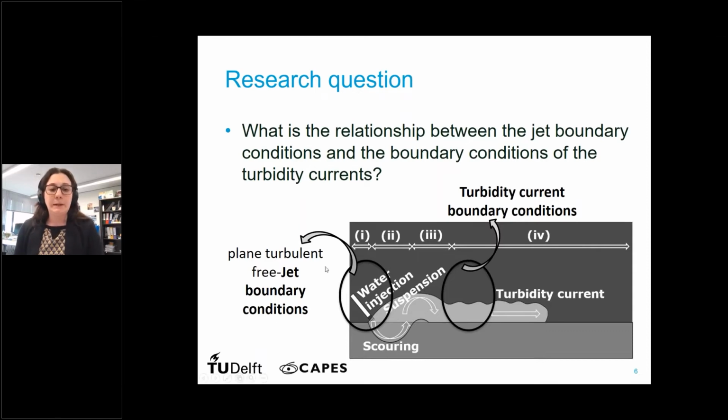And if we are able to establish a relationship between the jet characteristics and the characteristics of the turbidity currents that we are triggering, then we are able to predict these flows and optimize the technique both economically and environmentally.